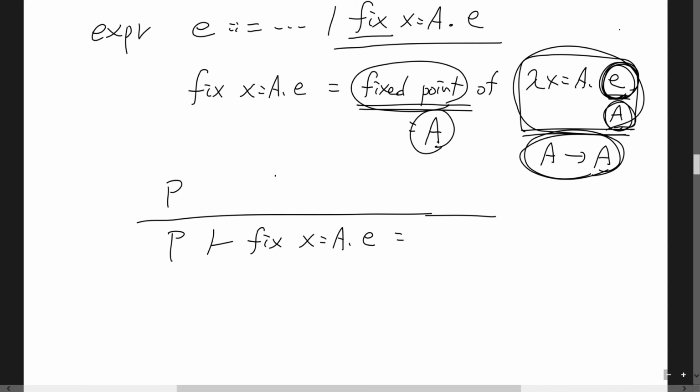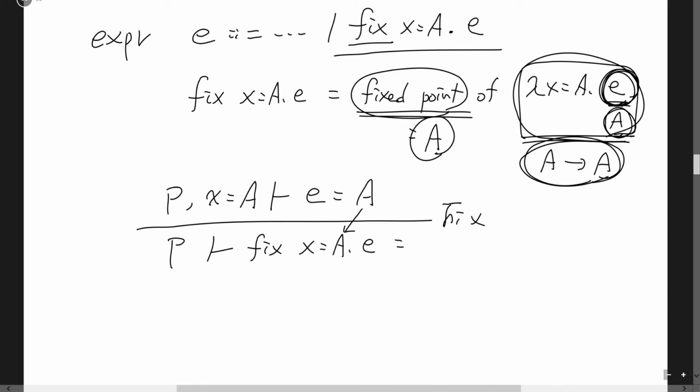So we'd like to confirm that expression E has the same type A, with this type binding, x is of type A. So this is the typing rule for the fixed point construct. Then what about the reduction rule? So this is the syntax, and this is the typing rule. Now what is the reduction rule?